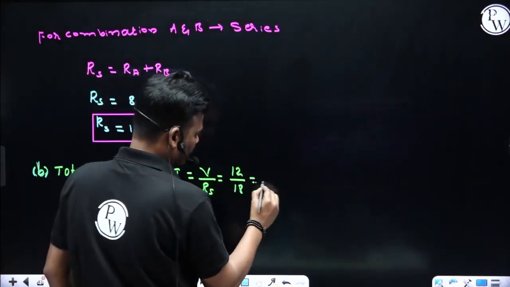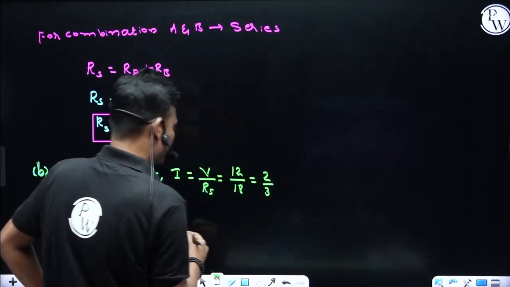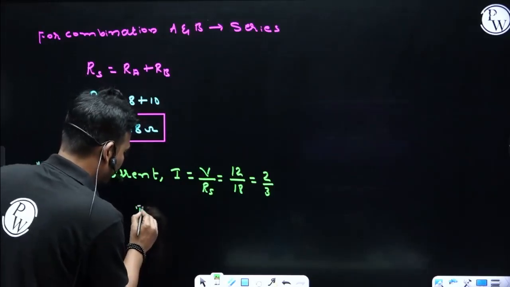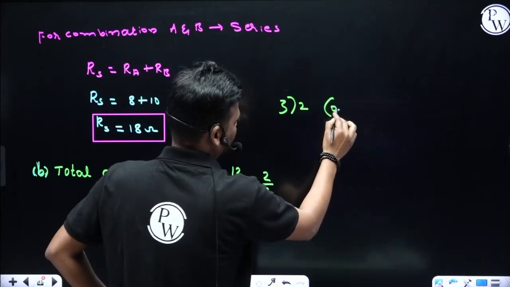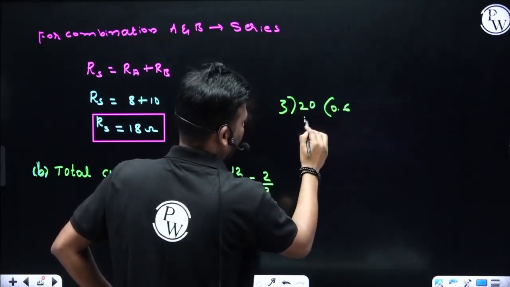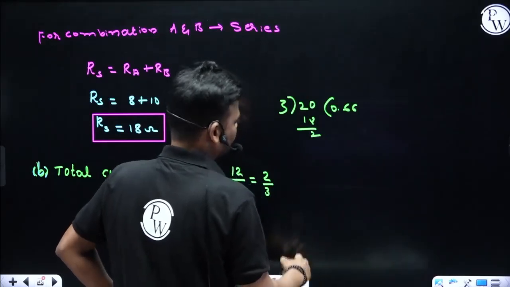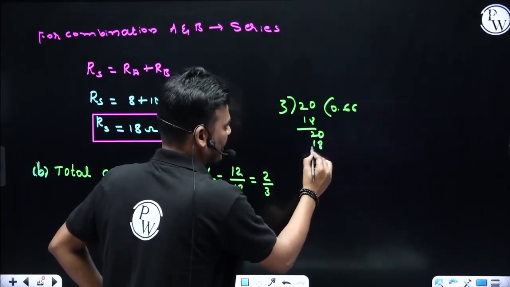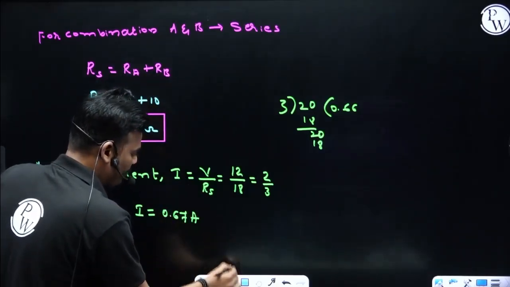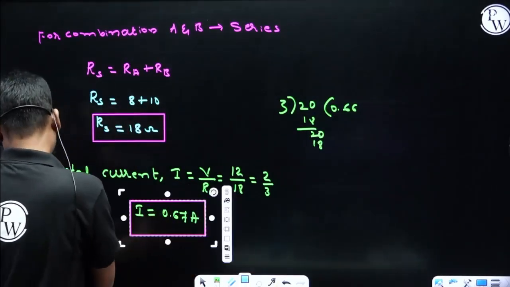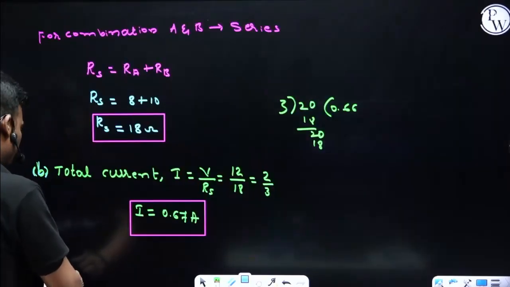Here 6 2s are 12 and 6 3s are 18, and here 2 by 3. So 2 by 3, let's calculate. So here you can write this one as 0.67 ampere. Okay, so this is the total current. So only 2 questions. Fine. Now let's move on to the next question.